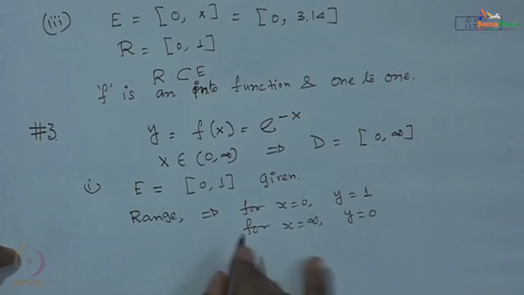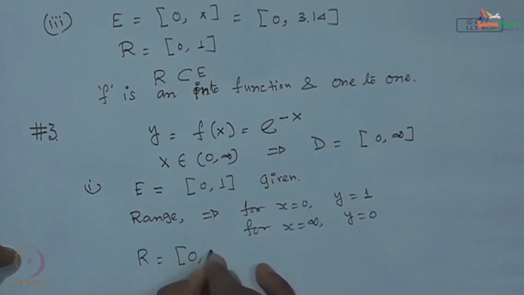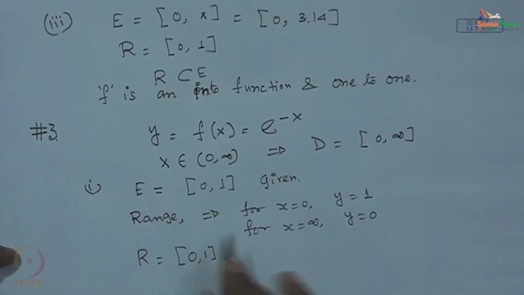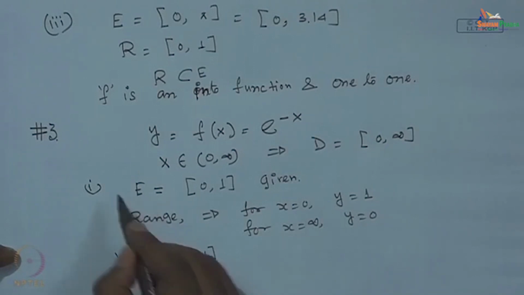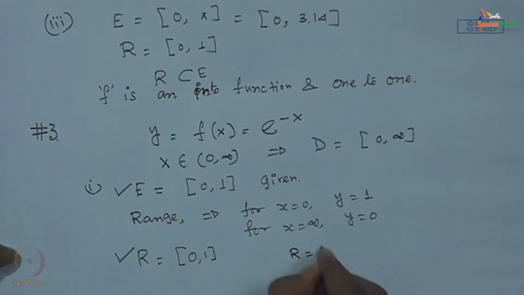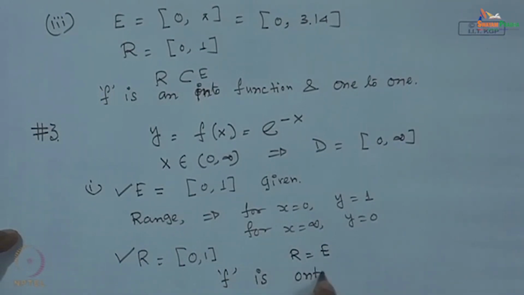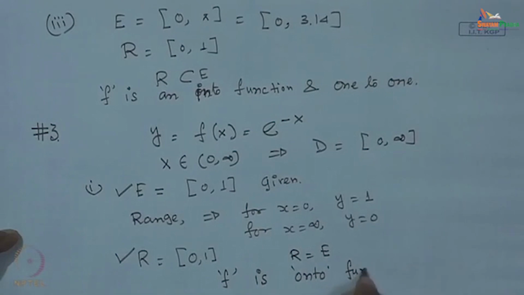So, therefore, the range is varying from 0 to 1, and in this particular case R and E both are equal, these two sets are identical. So, therefore, we can say that f is an onto function in this problem.